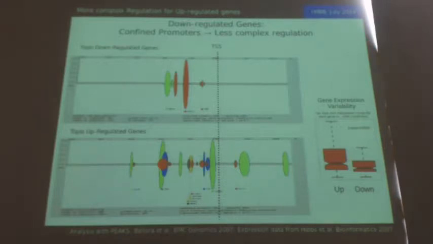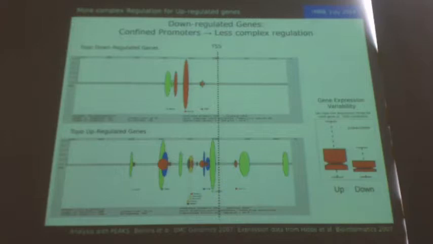So the downregulated genes have a very confined promoter architecture and have an expression rate that is very robust compared to the upregulated genes. So this can vary, and this fits well with stress response enrichments and all this.